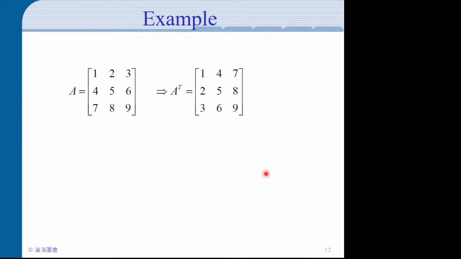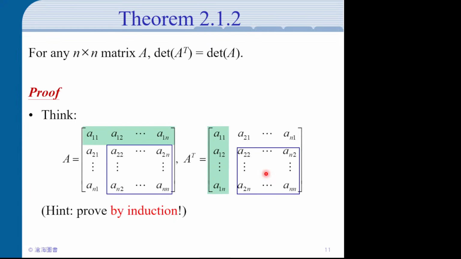We didn't write down all the proof details, but we can say at a high level how this proof by induction works. So we expand A on the first row, and expand A transpose on the first column. So you think about adding together those A11, A12, to A1n with those minors.